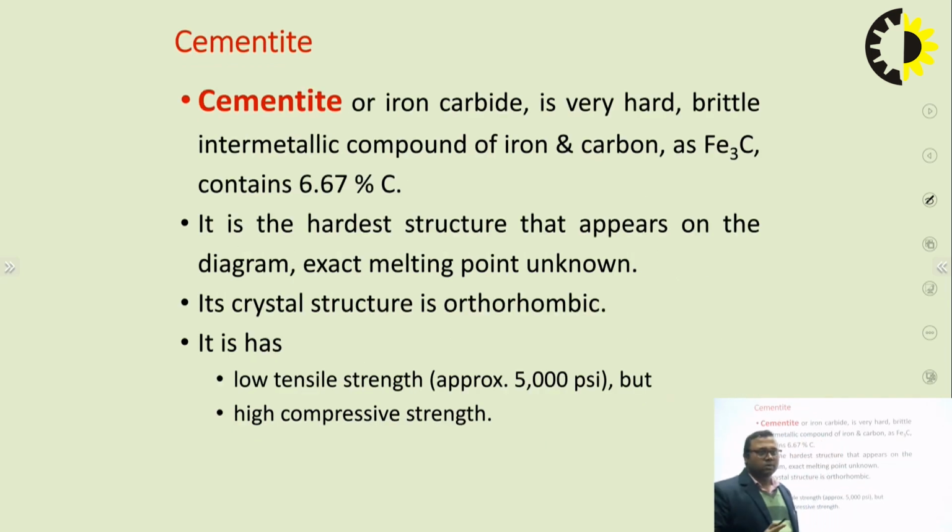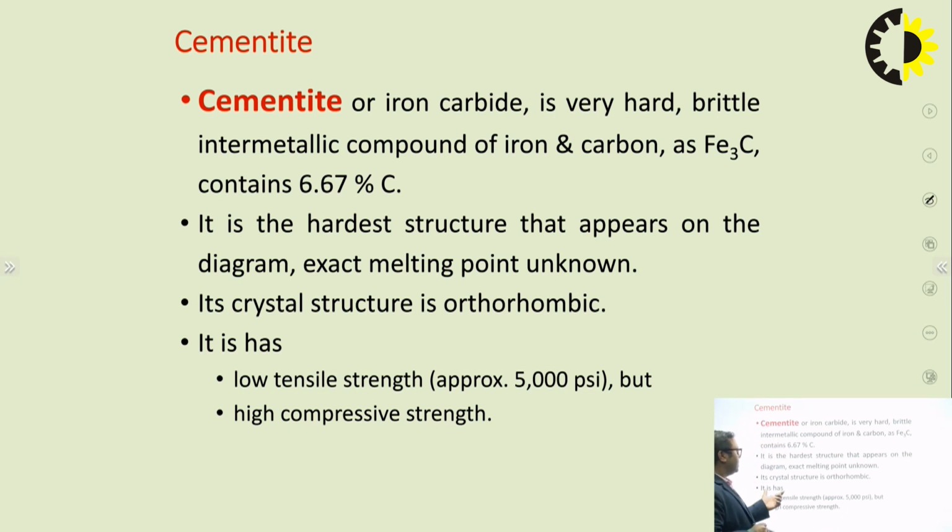by heat treatment process. So coming to the fourth phase, which is the cementitic phase, also known as iron carbide. Fe3C is also known as cementite, and it is a very hard, brittle intermetallic compound of carbon and iron, represented by Fe3C, which contains 6.67% carbon. It is the hardest structure that appears on the diagram, and the exact melting point is unknown.